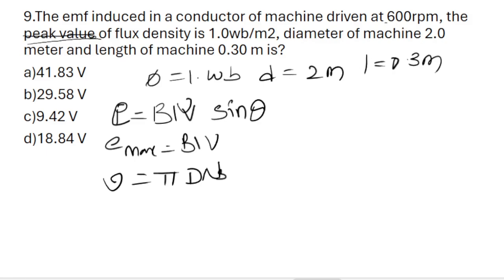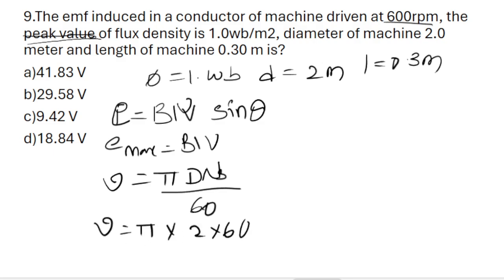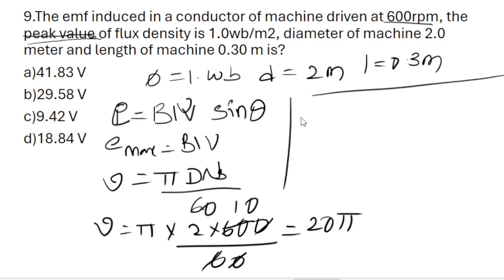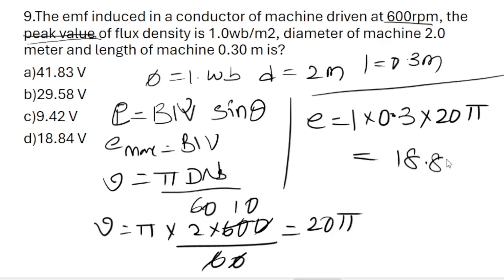Convert this rpm into rps, divide 600 by 60, so we will get pi into 2 into 600 by 60. 0s cancel out, 6 ones are 6, tens are 60, 2 tens are 20 pi. Substitute the 20 pi value in the EMF equation. EMF equation E is equal to BLV, 1 into 0.3 into 20 pi. Multiplying all these values, we get 18.8 volts. So here answer D is the correct one.